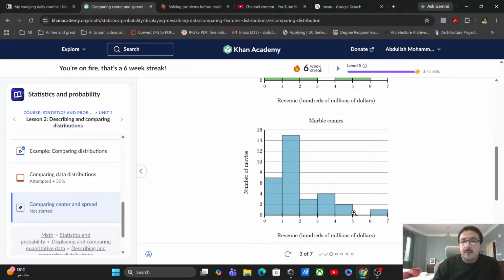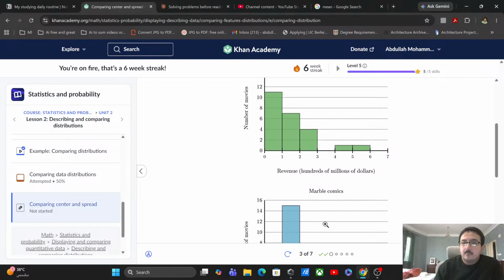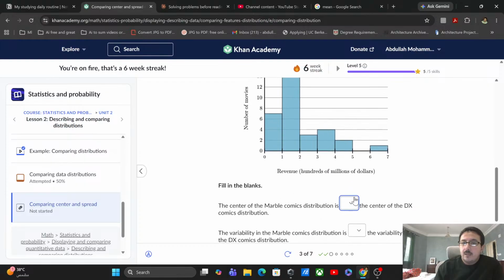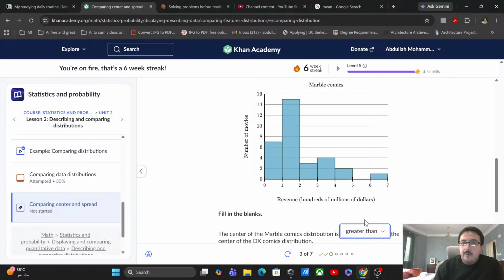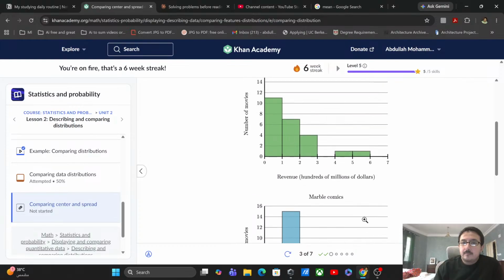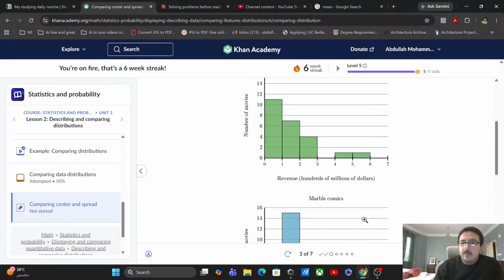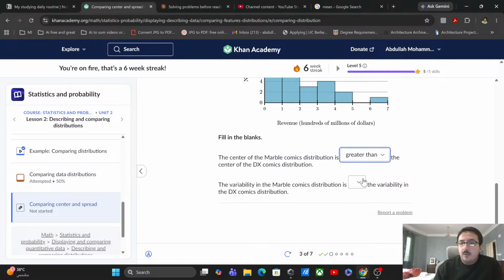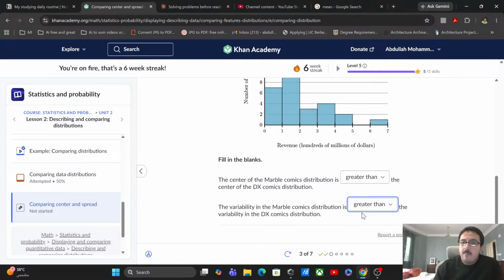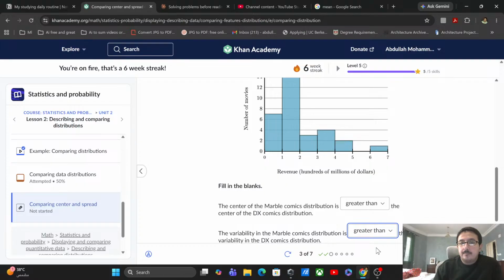Can't get the center here, but it's greater definitely. Movies. It's greater. Variability also greater from 0 to 7. Also greater. I would go with that.